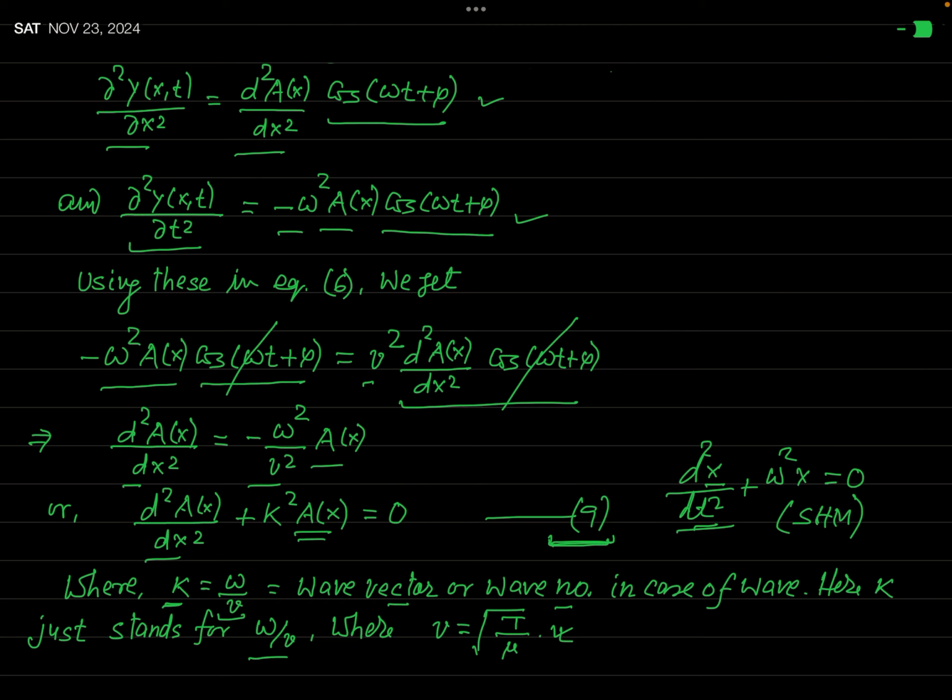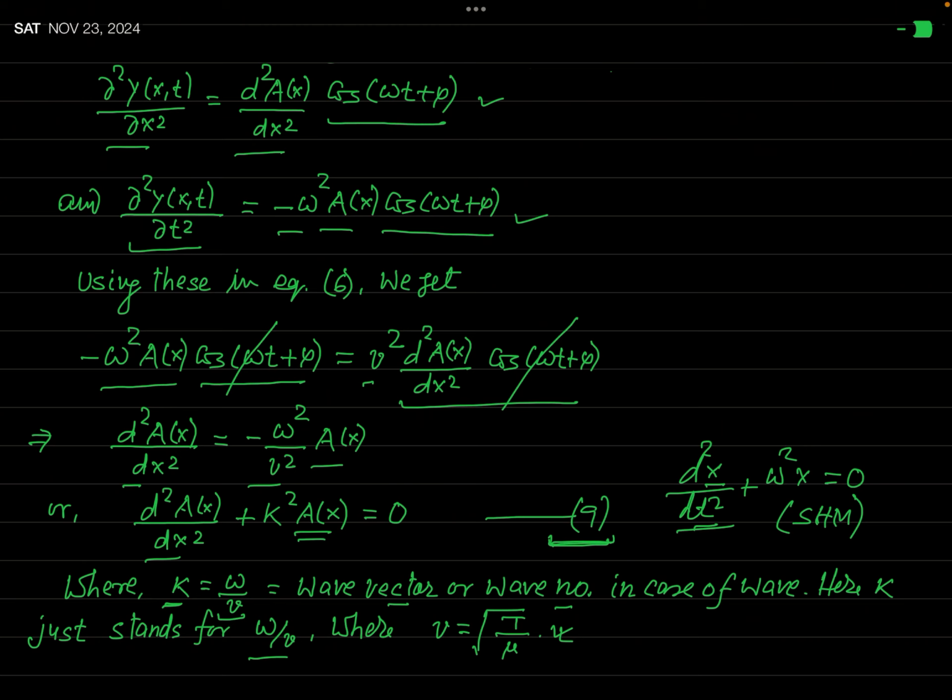So you can say that this is the familiar differential equation of SHM, except that it represents oscillation in space rather than in time. It is not oscillation in time, t, but oscillation in space. And which quantity is oscillating? The quantity which is oscillating is A, not x. Okay?